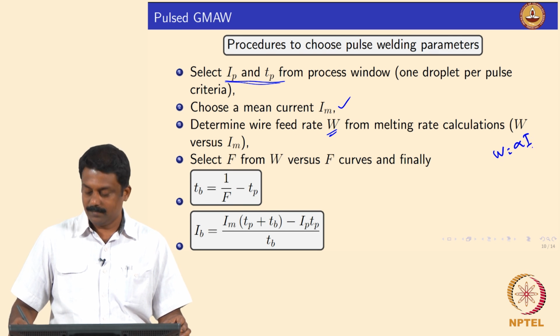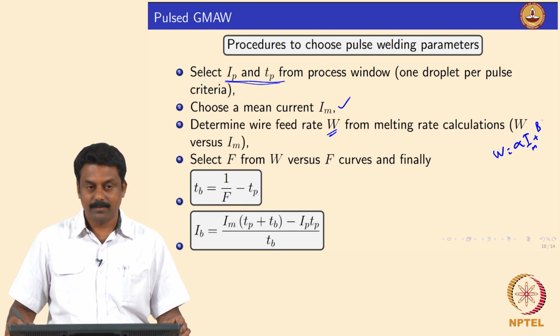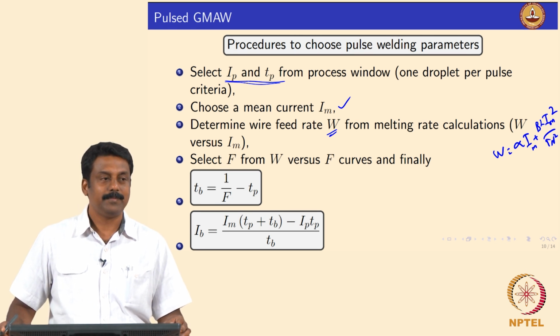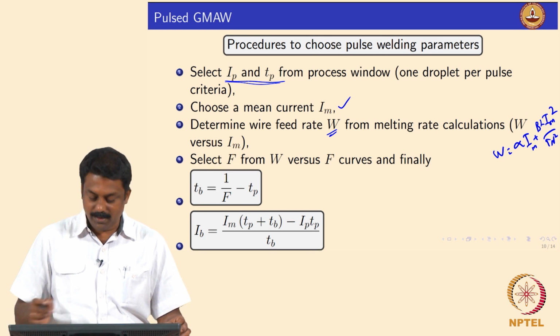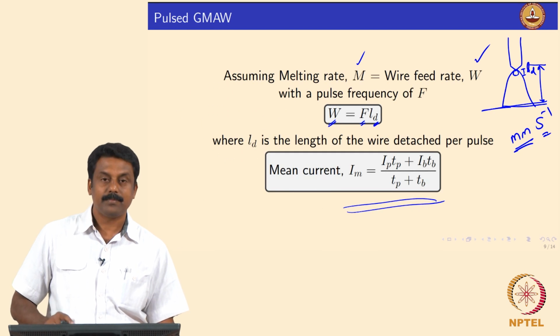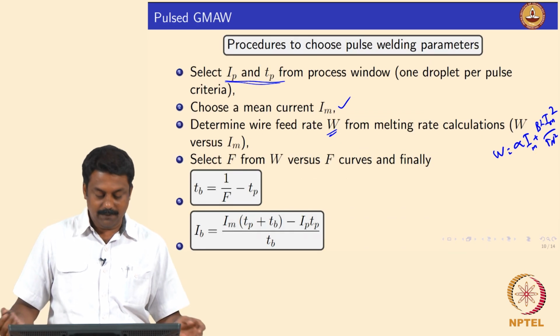Alpha I plus beta L Im squared by pi r squared, isn't it? Is this the relationship? Okay, but we can calculate the wire feed rate.